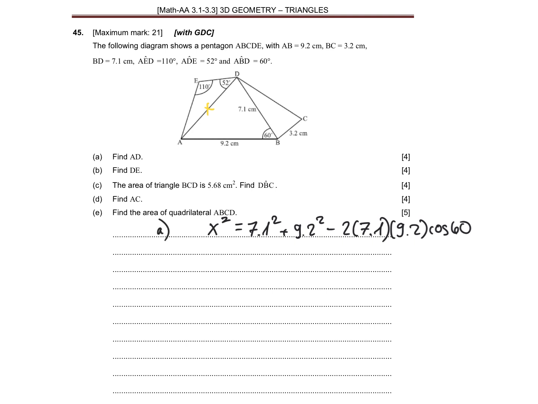Okay. For B, we need D to E. So that actually requires the sine rule. And if this is 162, this is 18 to get to 180.